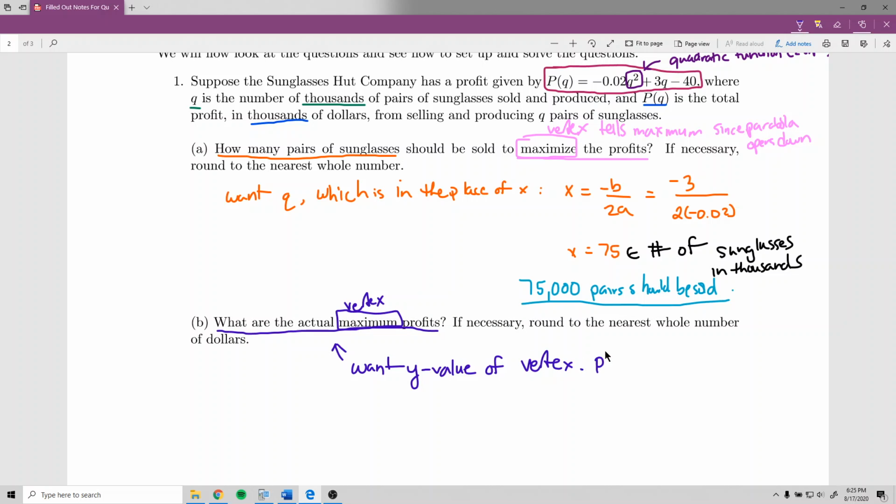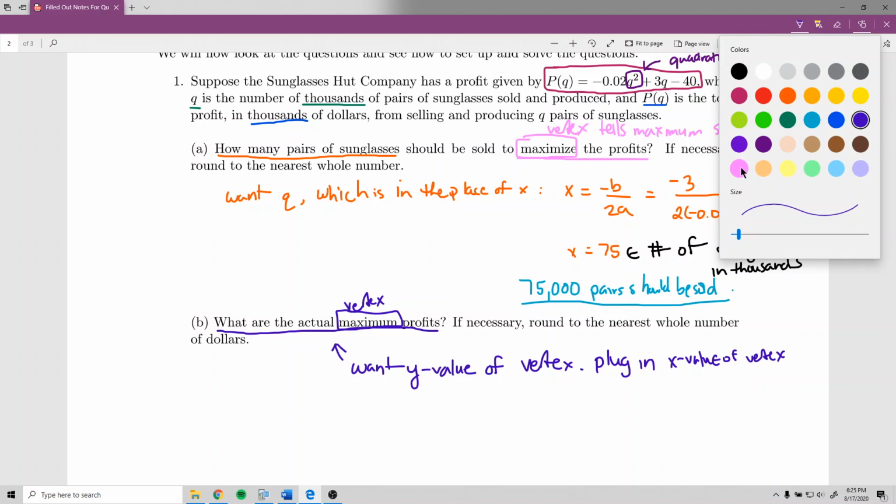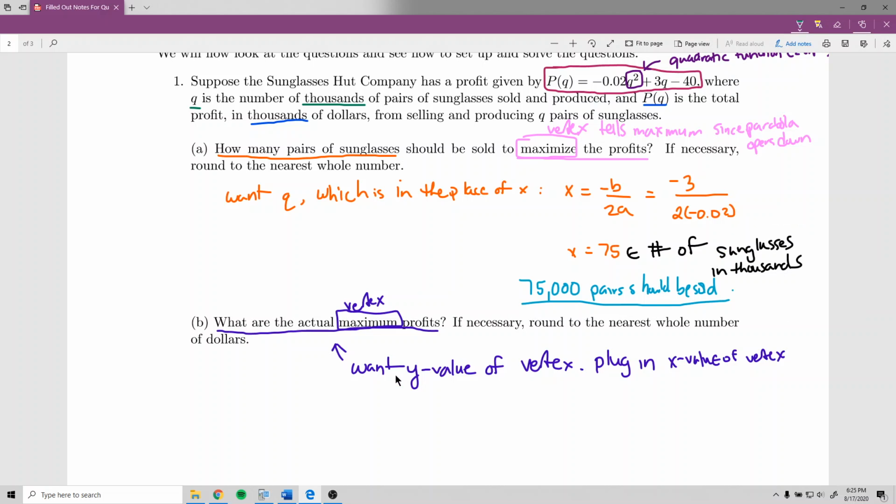We plug in the X value of the vertex, just like we did in the previous section. Now be careful here, you have to plug in this number because the formula is using this. It's not using the actual number of thousands.